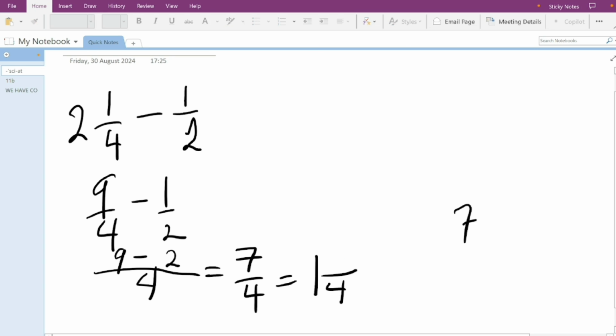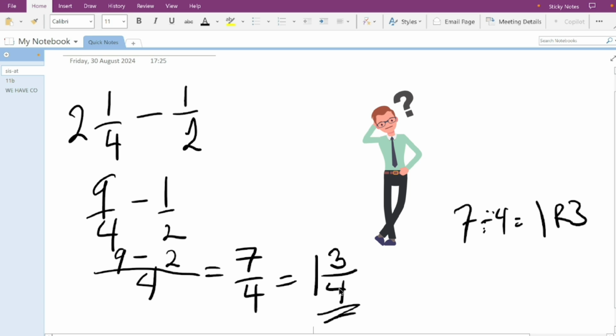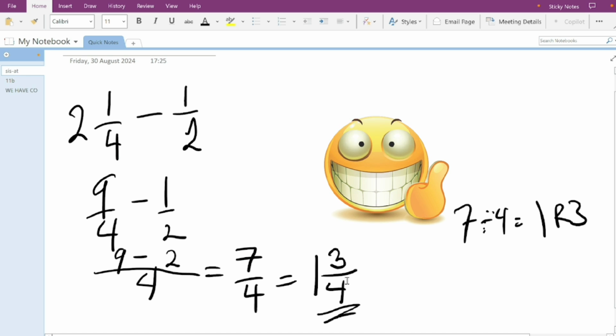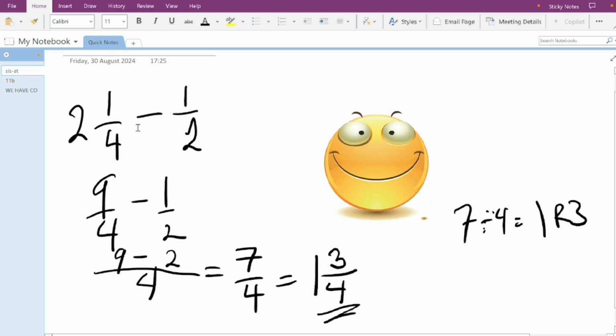So we have 7 divided by 4 is 1 remainder 3. So the result, we write it here, then the remainder we write on top of the 4, which is 1 whole number 3 over 4, which is our final answer, the same as using the first method. The question now is, which of the methods do you prefer? The choice is yours. I think most students will find this one easier.